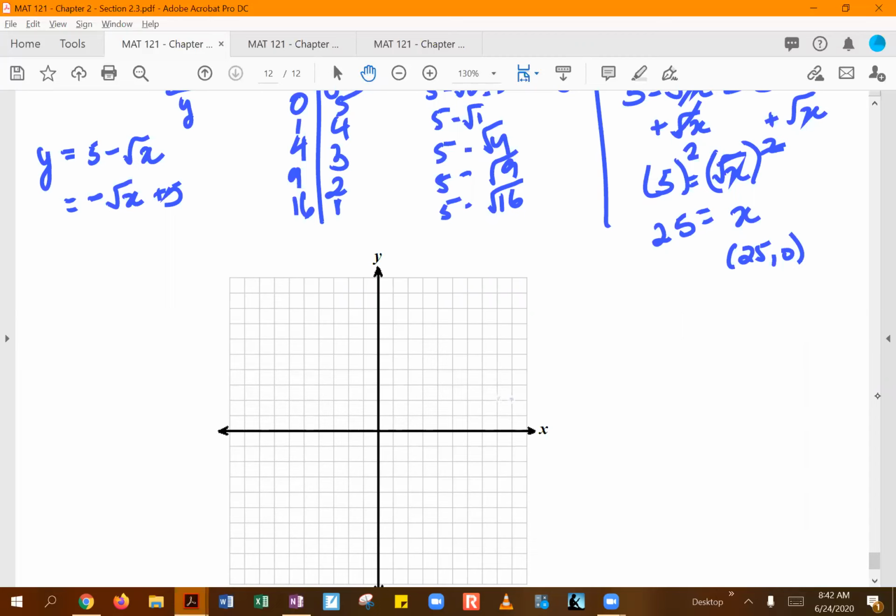So what I'm actually going to do is rescale my graph over here, and I'm going to do this in terms of 5s. So you can think of the first marker here being 5, 10, of course 15, 20, and 25. So my 25 will basically be the 5th marker over here.